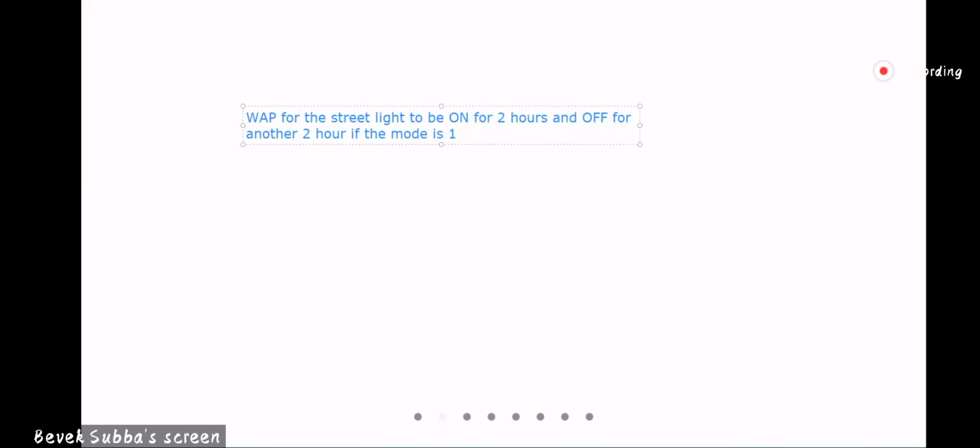If the mode is one, and the timer, use timer one. Show all the calculation as well.